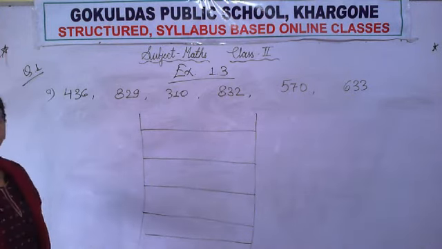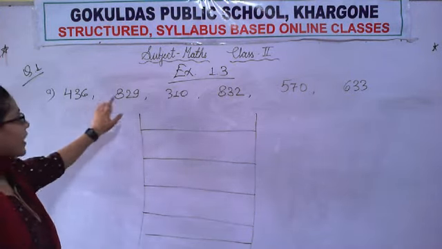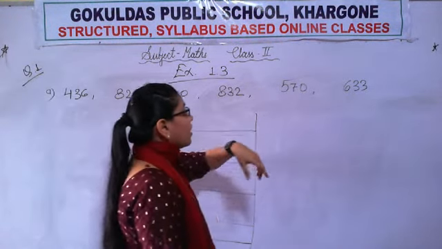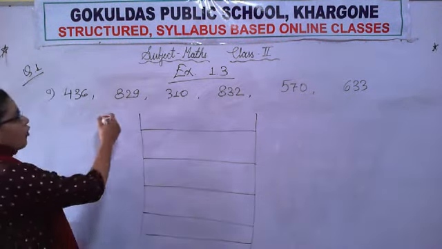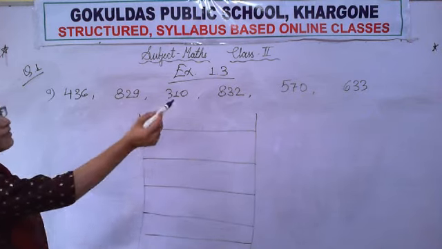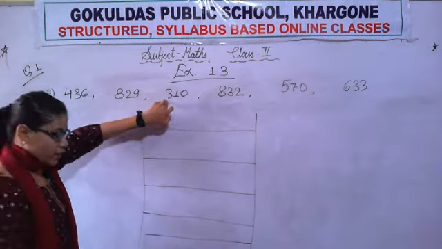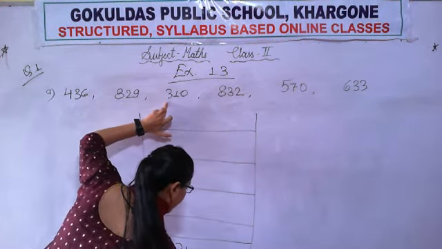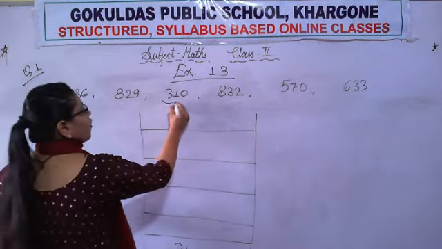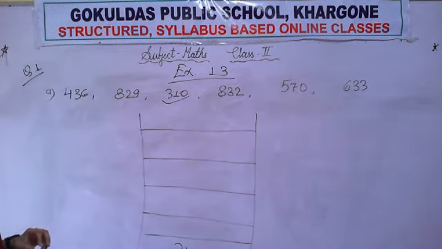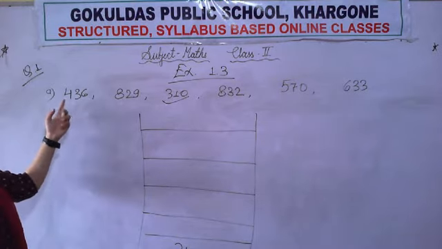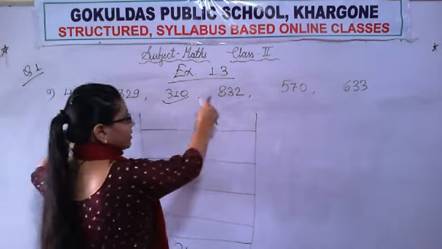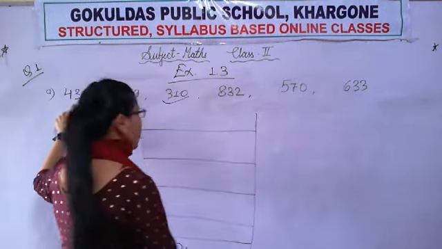So we will check for the hundreds place. Here 4, 8, 3, 8, 5, 6. Which one is smaller? 3 is smaller. So we will write 310 first. Now after this 310, which one is the smaller number? 4, 8, 8, 5, 6. 4 is the smaller number.